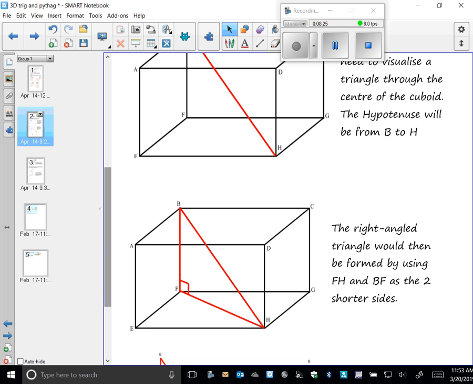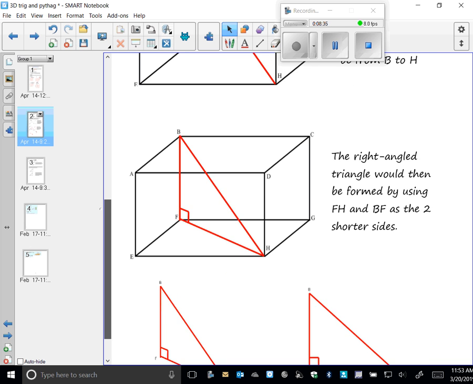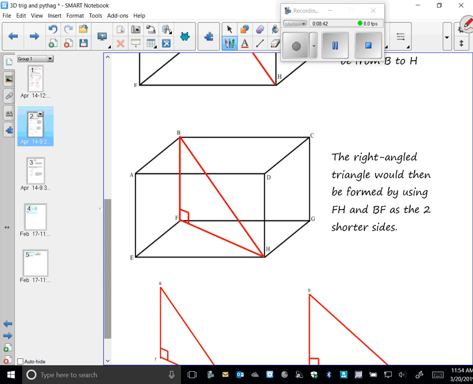So here, that would be my new right angle triangle. Now, that's all well and good, but depending on the information they've given you, sometimes you would need to think about this length here on the bottom. If we were trying to find this length on the bottom, and we didn't know it, but we did know these two lengths, again, whilst it doesn't look like one, that is actually a right angle there, so that would be another right angle triangle.